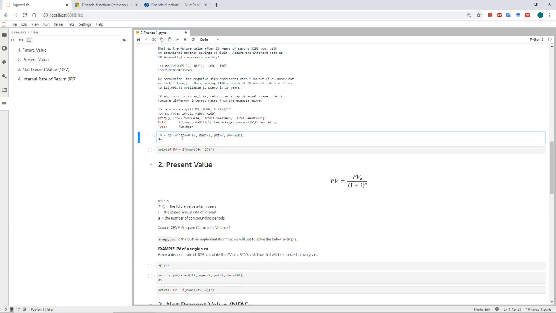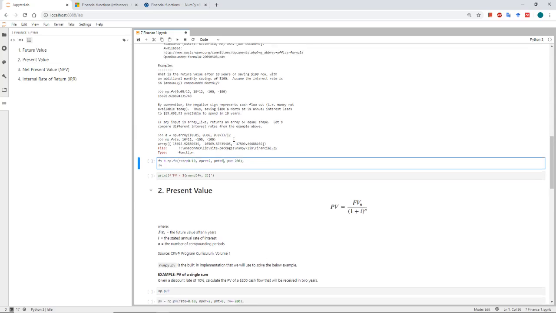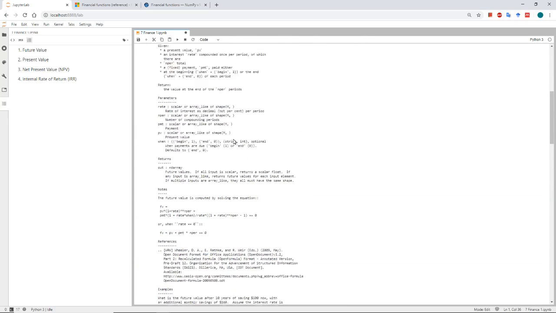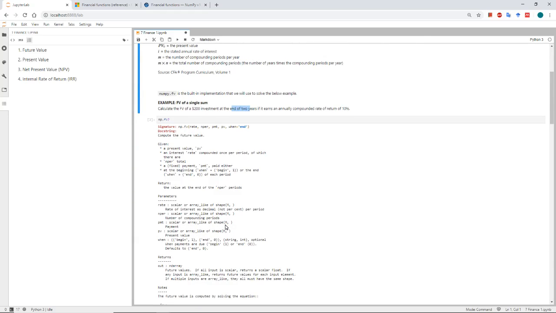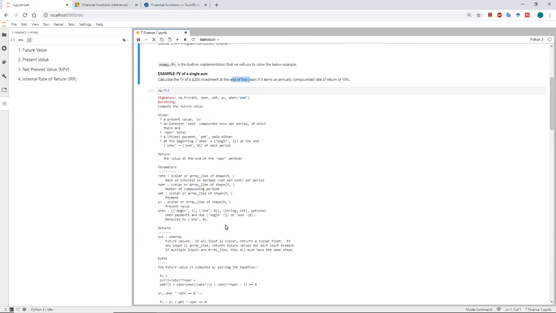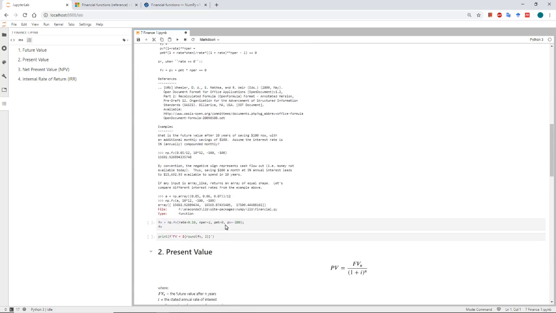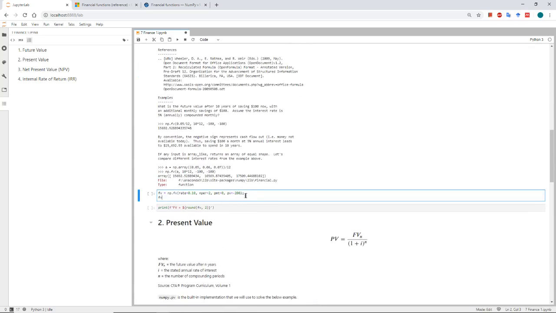So we pass in the rate of 10%, the number of periods 2, and set payment equal to 0, because this is not making any payments. It's a lump sum, and then we do negative $200.